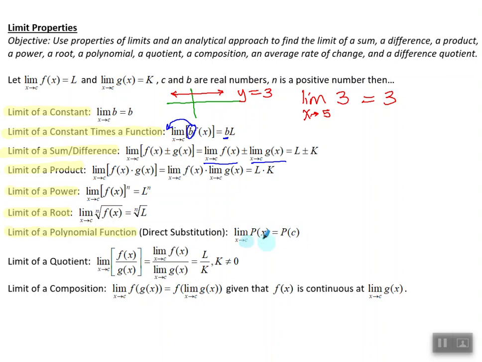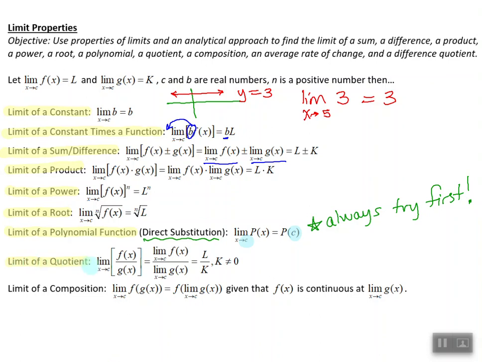So wherever x is approaching, if we can plug that straight into the function and it works, then we have the limit. And it's important to note that we always try direct substitution first, because if it works, we're done, and we really don't need to spend our time looking for other strategies.